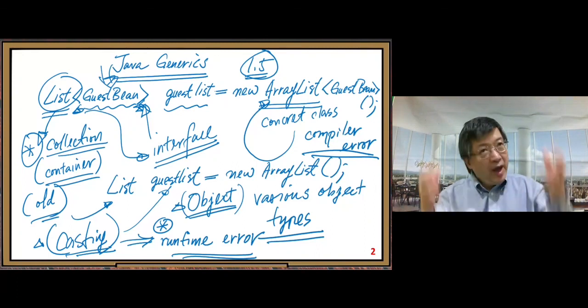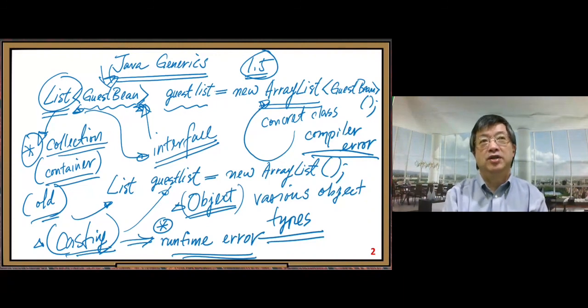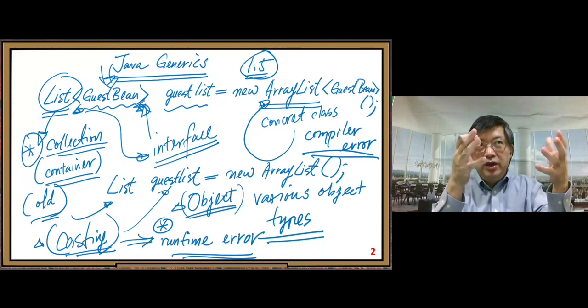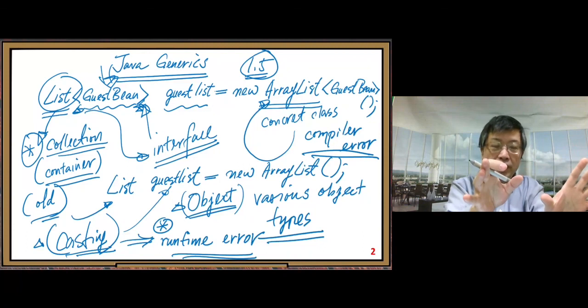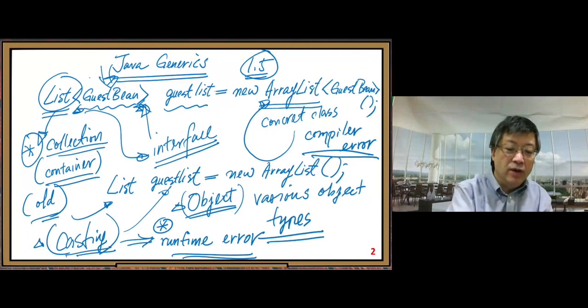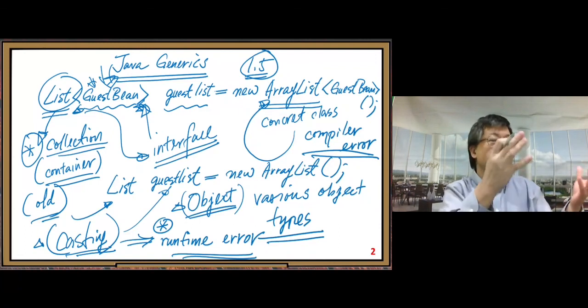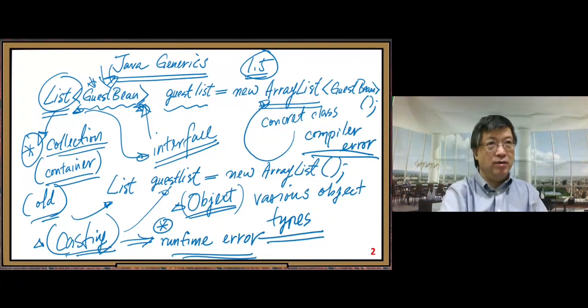Then when you retrieve them, you don't need to do casting, because the objects are automatically converted to this type. You just use it as your business class and do your business. So that's simple, right?